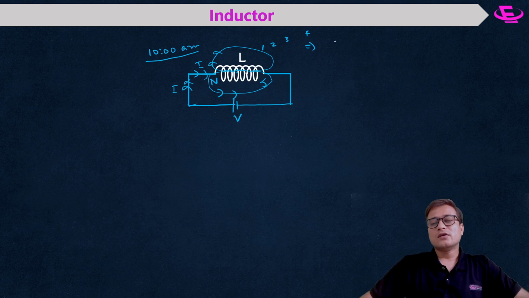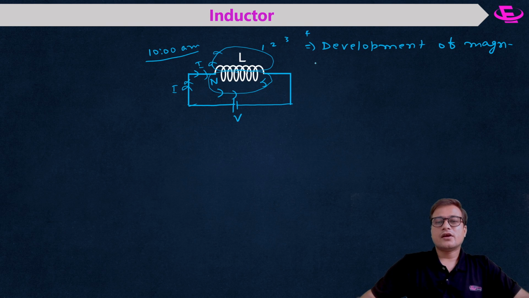So I am writing a very special point here, the reason why an inductor does not allow sudden change in current. What am I writing as the reason? Development of magnetic field lines is a gradual process.